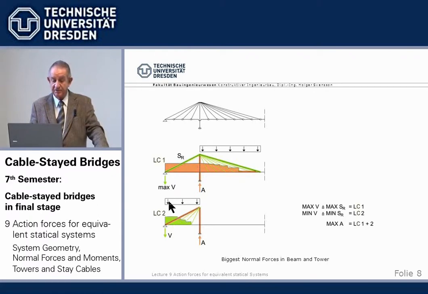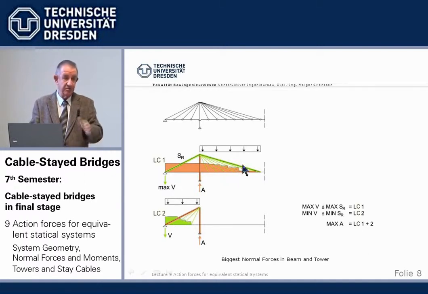And the same if we have it in the side span. The second important consideration is we not only have compression in the backstay, we have tension in the beam. It's just from load balancing.